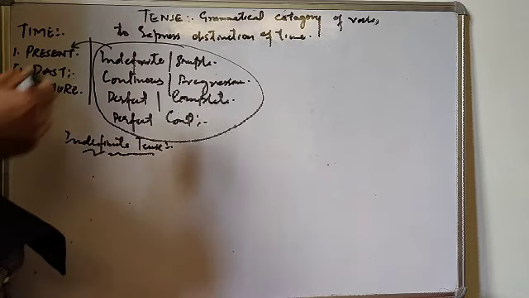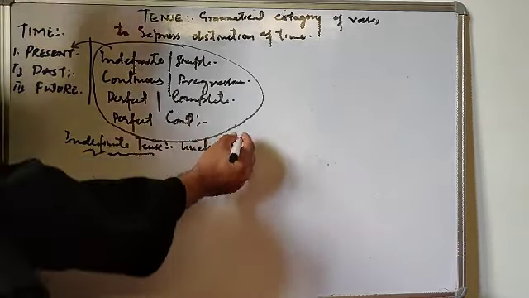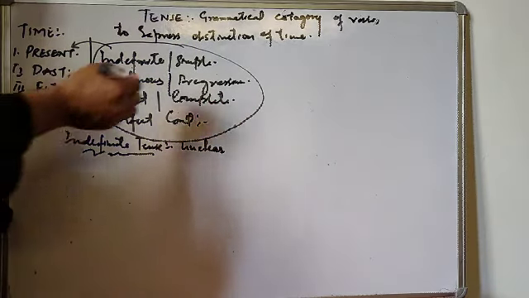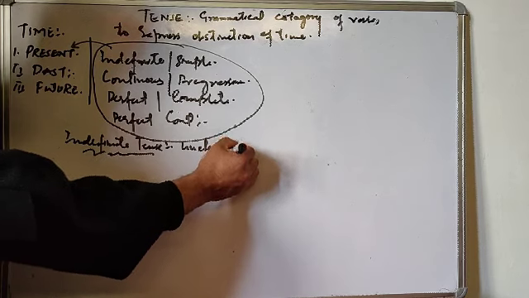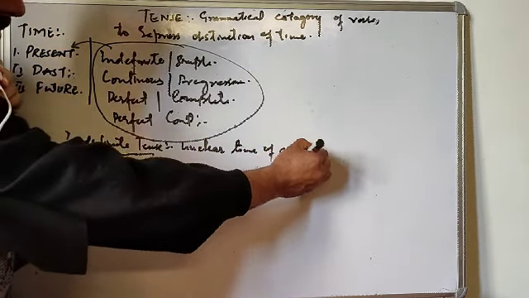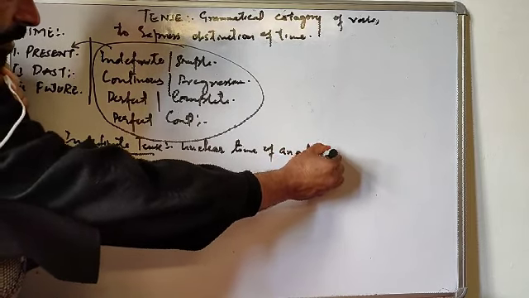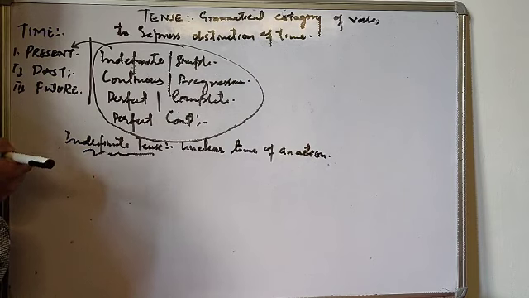The word indefinite means unclear. By unclear, I mean to say unclear time of an action. You know, there are hundreds and thousands of actions that happen with an indefinite sense.